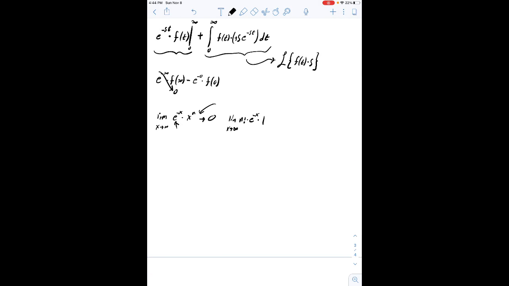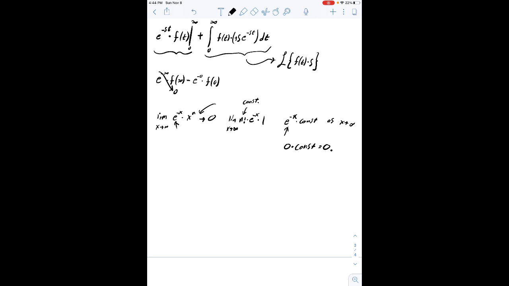Clearly this n is bound by some number, so we'll just call it a constant. So now we get e to the negative x times some constant as x approaches infinity. Clearly this is going to go to 0, so 0 times a constant is just equal to 0.